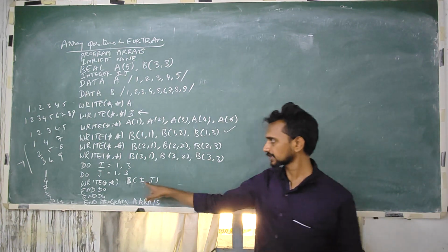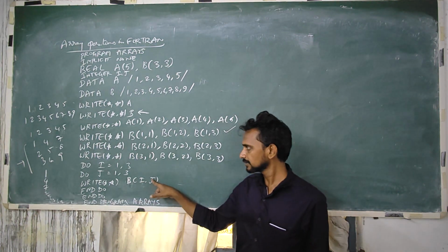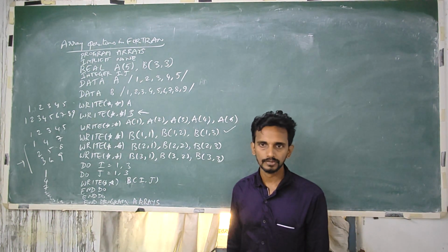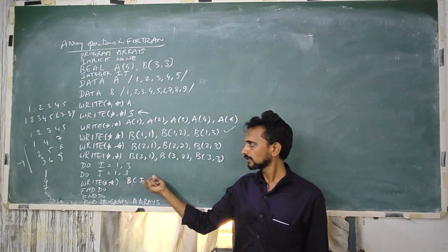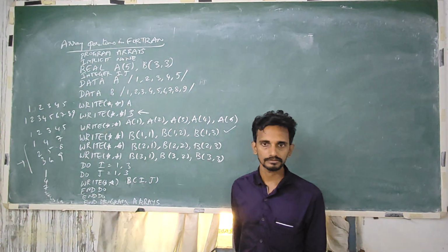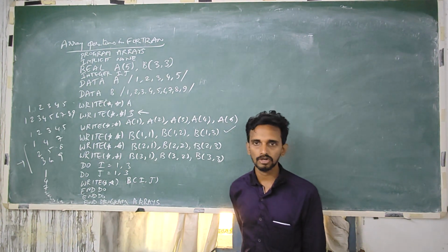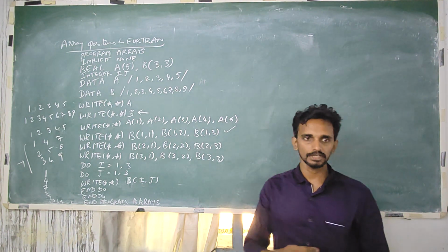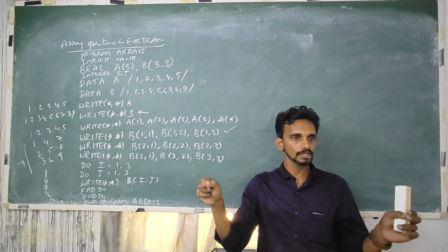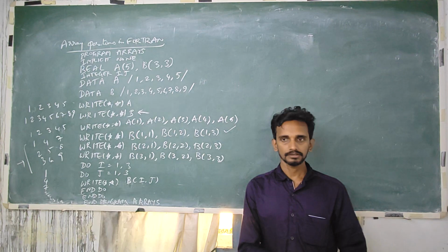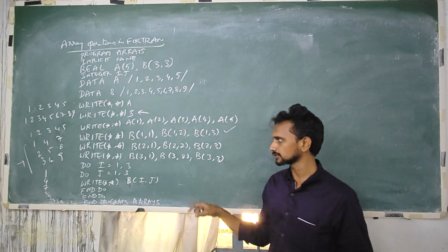So here, after writing one single element, the control goes to a new line, because I am able to access only one element within a single line. So now I want to access all the 3 elements in a single line using a do loop. So I want to complete the entire do loop in a single line. Otherwise it is not possible.